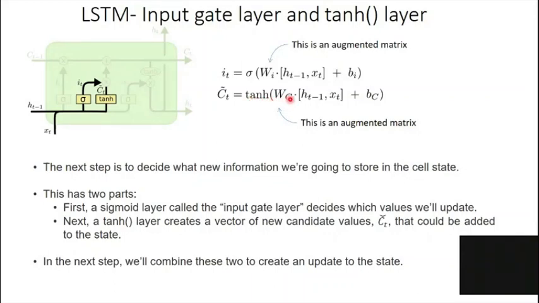And you have another matrix wc, which is again an augmented matrix which deals with h of t minus 1 and x of t. So basically the inputs are the same, but the matrices will be different. So unfortunately the problem is that unlike RNNs, you end up with a lot more weights that you have to learn. So it's slightly more time consuming when compared to conventional RNNs. You can see you have a WI, you have a WC.